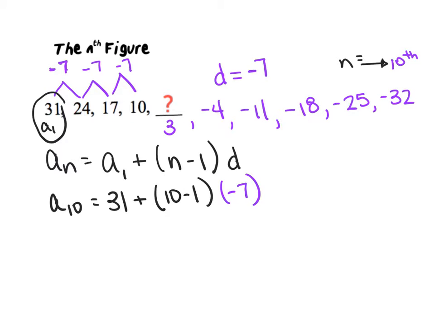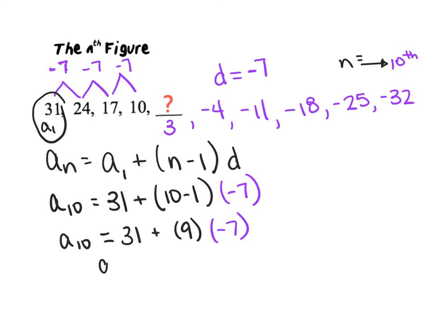So if I work this out, I get a sub 10, and we call it sub 10 because you're writing a subscript saying you want the 10th value in the sequence, or the 10th term, is equal to 31 plus 10 minus 1, which is 9, times that common difference, negative 7.